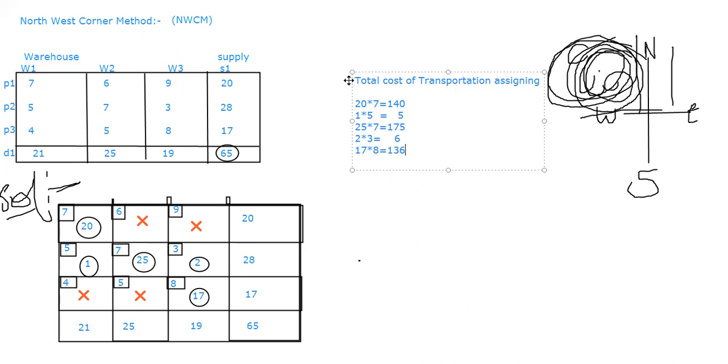So therefore, the total cost is how much? 136 plus 6 plus 175 plus 5 plus 140 is equal to 462. This is how we are going to assign the things. Girls and boys, is this clear? Yes.